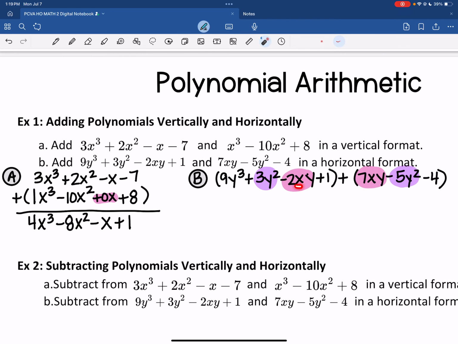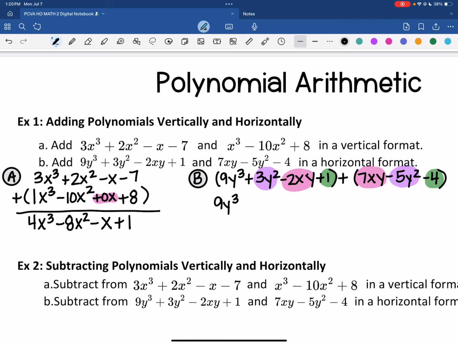Now we can't combine an xy and a y squared because they're not the same. This is technically y times y. This is x times y. They're not like terms. And then finally, I have a 1 and a negative 4. So I'm just going to start with the 9y cubed.